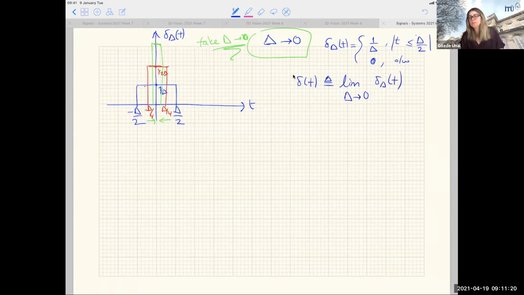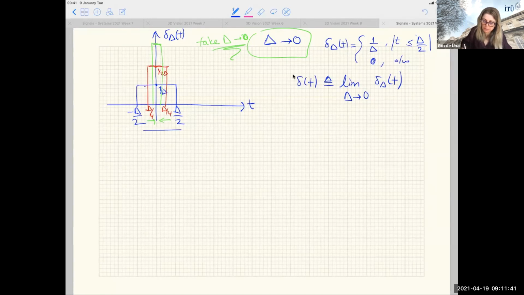So what properties does it have? Its amplitude is infinite, instantaneous, but it's an infinitely short duration. That's why it doesn't blow up. In the end, when you take the area underneath, its area will be 1. That's the point.